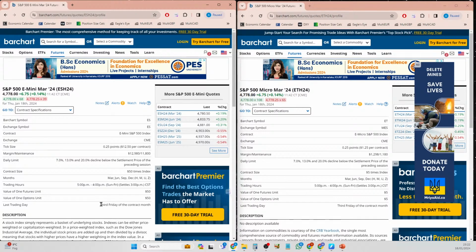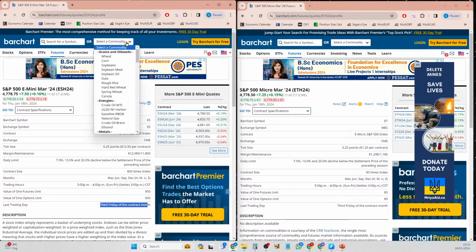So you have to be mindful that before the third Friday of that contract month, you have to switch your contract. So you do not trade this contract closer to the expiry, and I have already told you how you would be shifting to a new contract month.